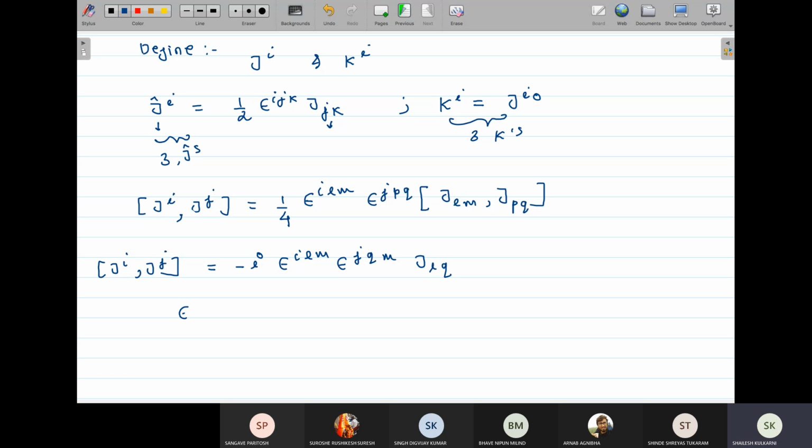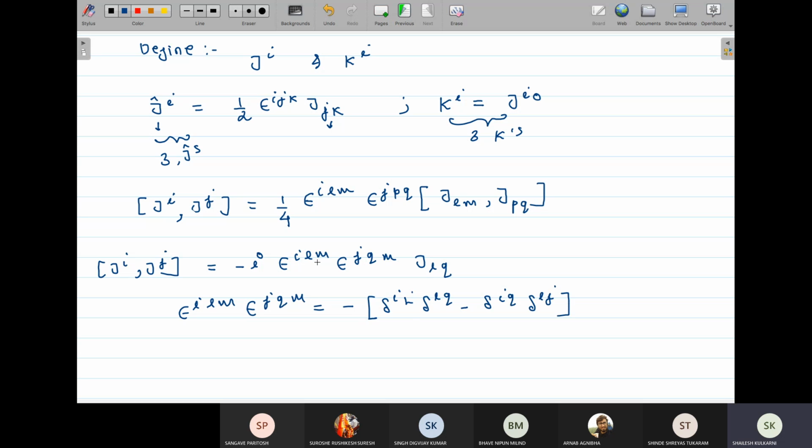Now epsilon ilm epsilon jqm, we know this expression, the product of two epsilons, will be minus delta ij delta lq minus delta iq delta lj.